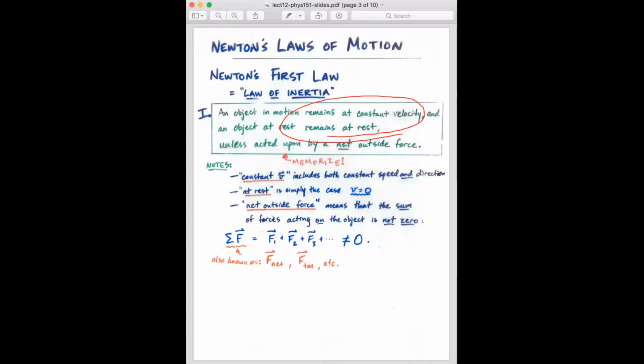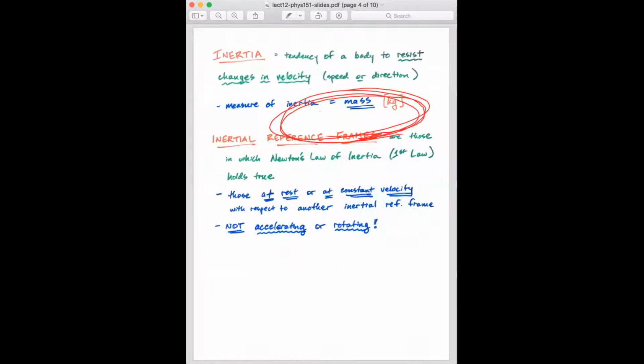Constant velocity means constant speed and constant direction. The tendency of an object to do that, the ability of an object to resist changes in its velocity, right, which includes changing its velocity away from rest. We call that inertia. That's the property that an object has when it resists those sorts of changes.